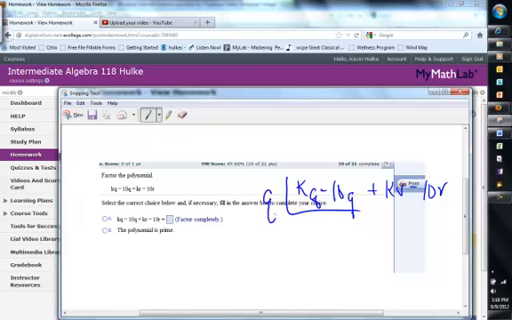Factor a q out of the first ones, and you're left with k minus 10. Factor an r out of the second ones, and you're left with k minus 10. So our factored form is q plus r, k minus 10.